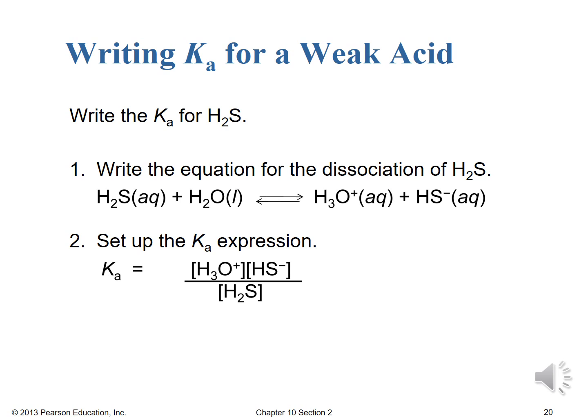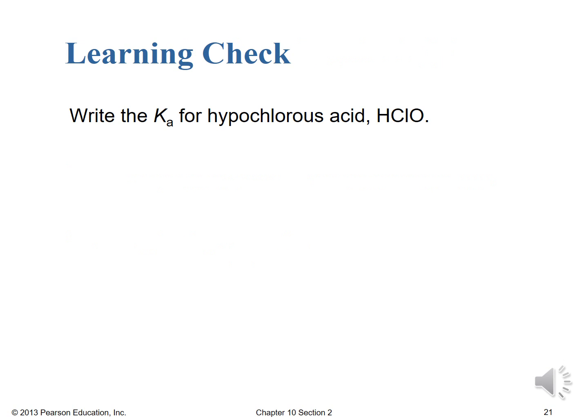So there we have our conjugate acid-base chemistry set up, and now we can say Ka equals H3O plus concentration times, instead of generic A minus, we can say in this case it's HS minus, all over the concentration of H2S, our starting acid. Notice the H2O does not appear, it's a pure liquid, and does not appear here in our Ka expression. So hopefully you've gotten the hang of that, and you could write one of these if you were asked.